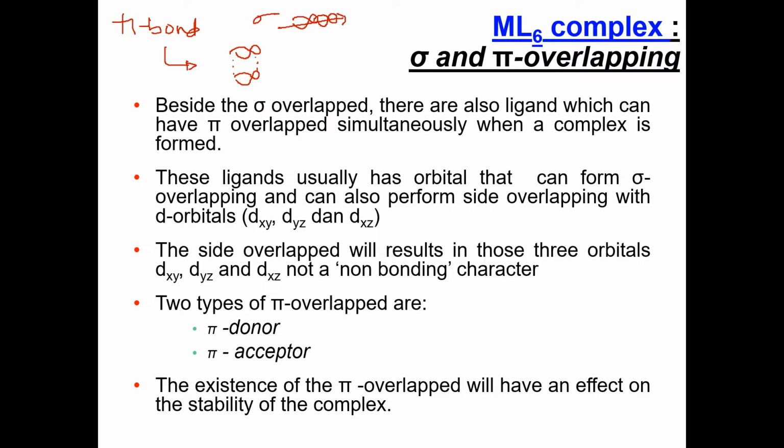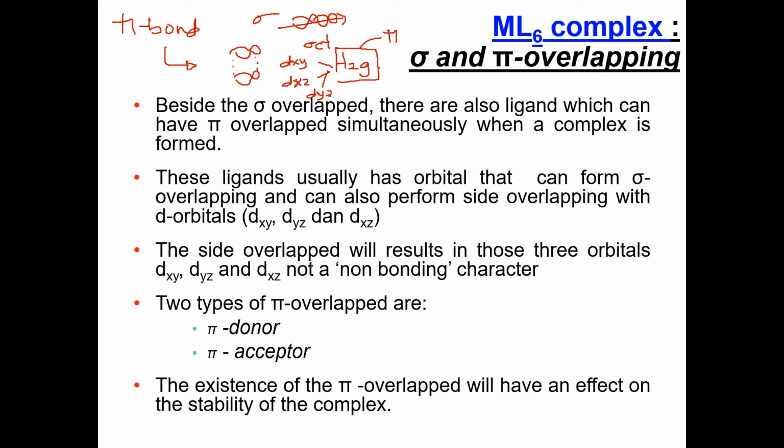So as an octahedral geometry complex, the sideways overlapping can occur in the T2G orbitals, where dxy, dxz, and dyz orbitals are in between the axes. That's why the T2G can have the pi overlapping.